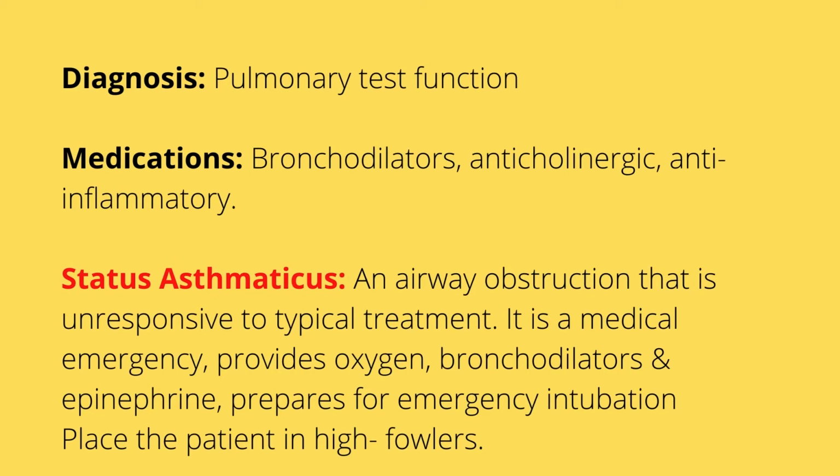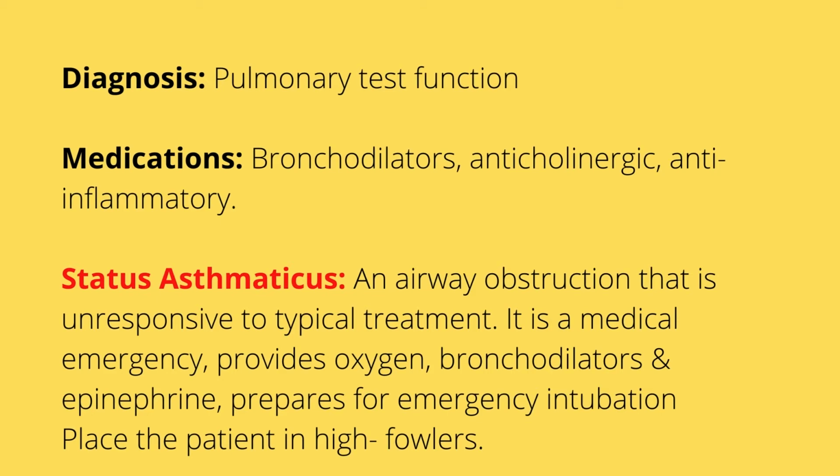We have the SABA and the LABA, which are short-acting and long-acting bronchodilators. We'll give them anticholinergic meds, which dry you up. You can't pee, can't poop, can't swallow, you have dry mouth, dry eyes. It dries everything up. And also we'll give the patient anti-inflammatory medication because it's an inflammatory disorder.